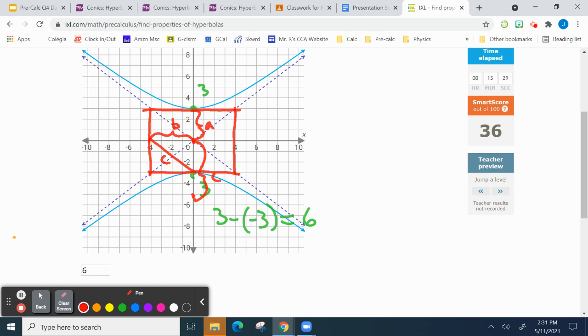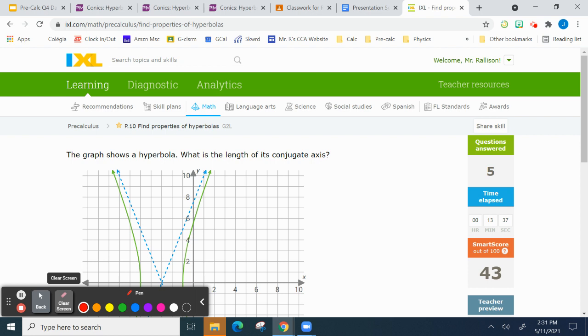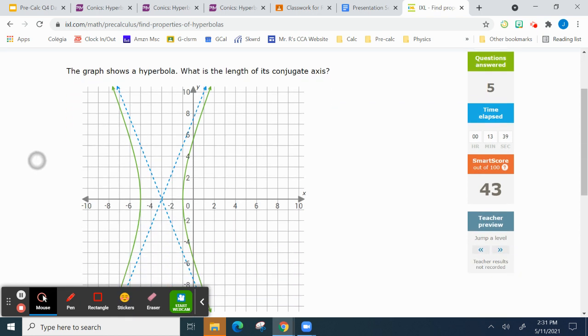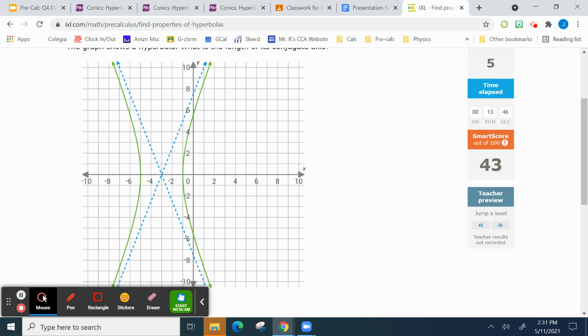All right, so here, there we go. Oh, I gotta go back to that. Oh, there we go. Okay. What's the length of its conjugate axis? Okay, so the conjugate axis, remember, is not the other axis.